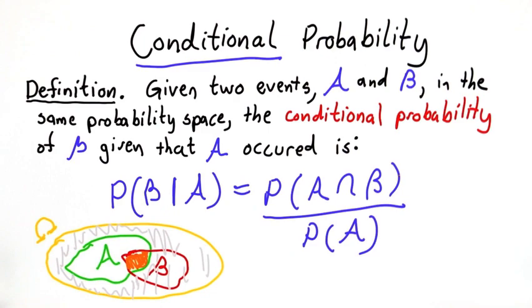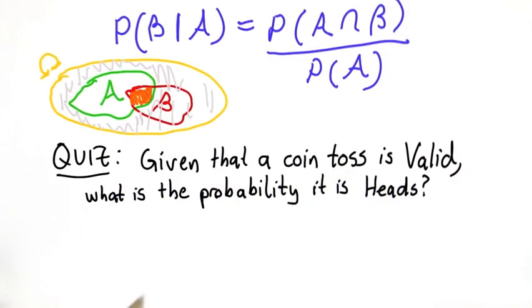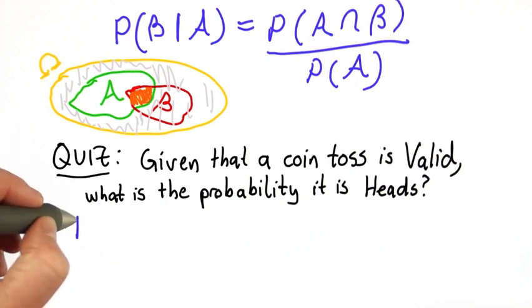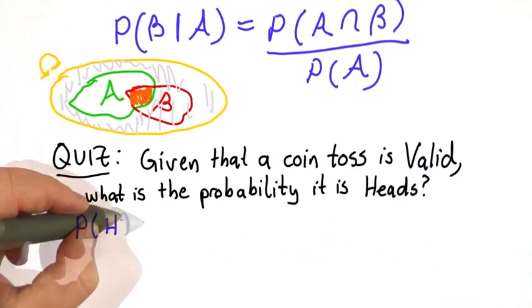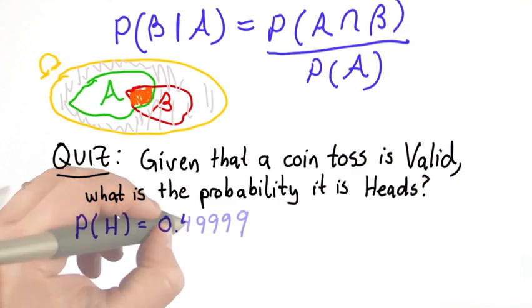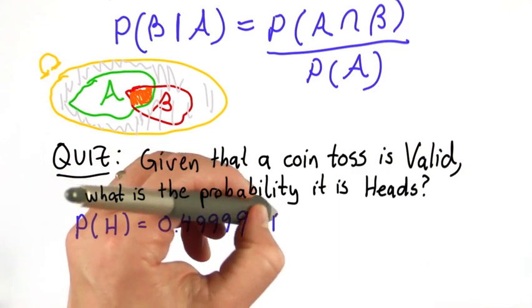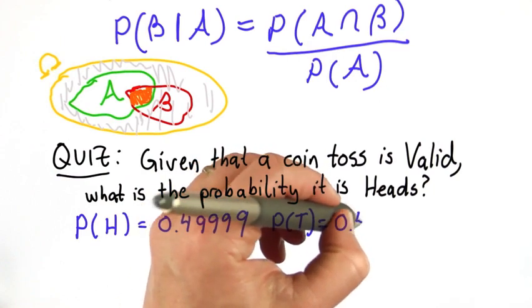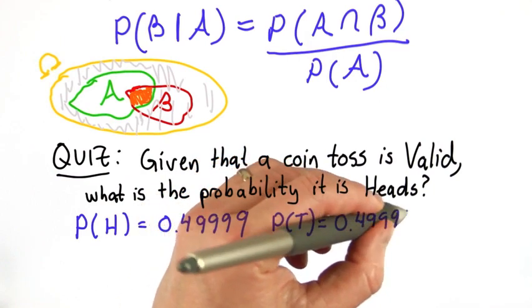Let's see if it makes sense for our example as well. So the question is, given that we have a valid coin toss, what's the probability that it's heads? And I'll remind you the model we had said the probability of heads is 0.4999 with 4 nines. The probability of tails is 0.49999.